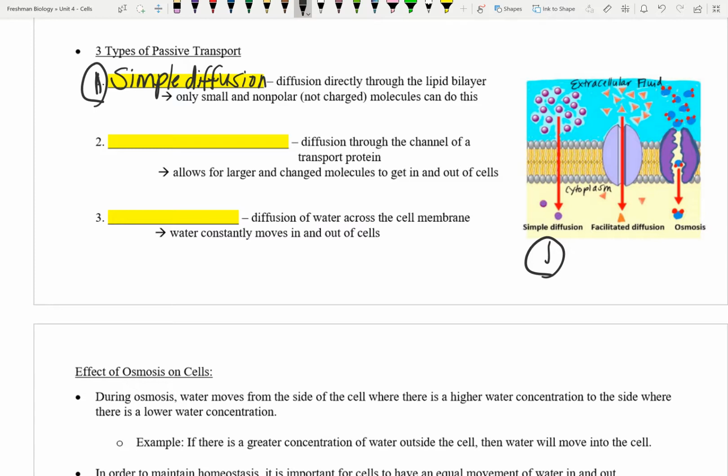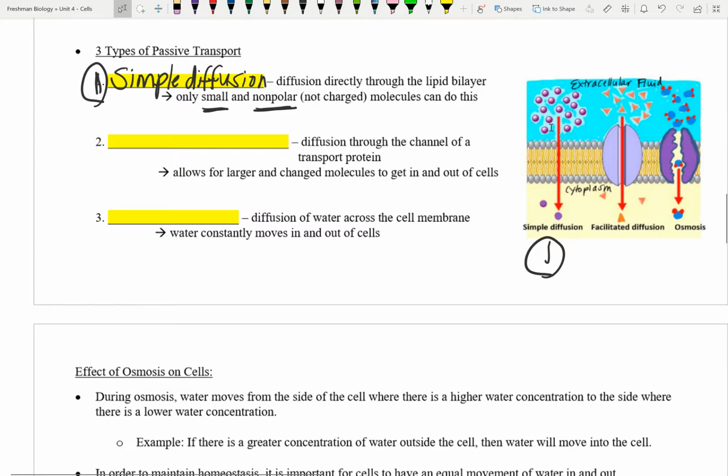If it is small and nonpolar, if it doesn't have a charge, then it's going to be able to get through that lipid, fatty acid, hydrophobic part of the bilayer, and pass directly through. It'll move in until there's an equal amount on both sides. There'll be a net movement in until there's an equal amount on both sides, and then it will move equally in both directions.